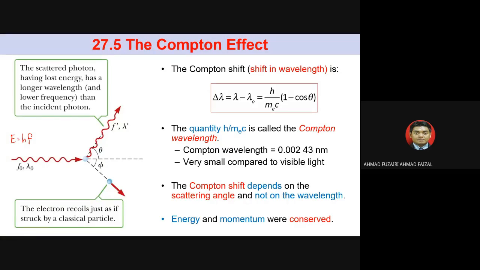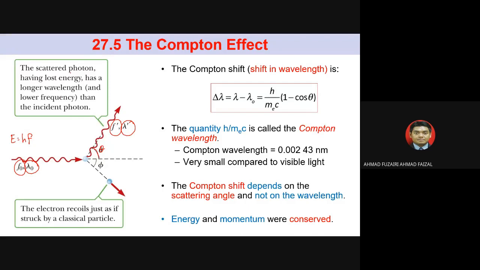There are some collisions when the light strikes the electron, and the light goes off to this part. It has the original frequency f naught and lambda naught, and it is scattered to frequency f prime and also lambda prime, and the electron scatters at a certain angle phi.